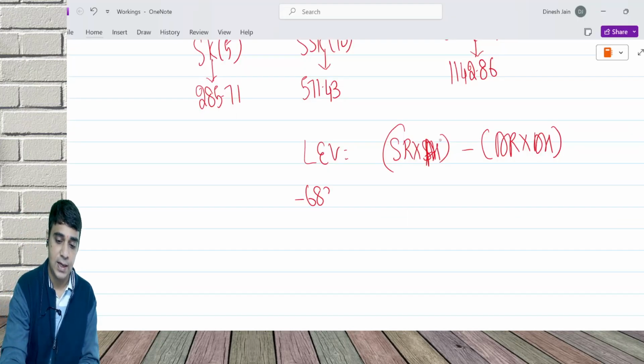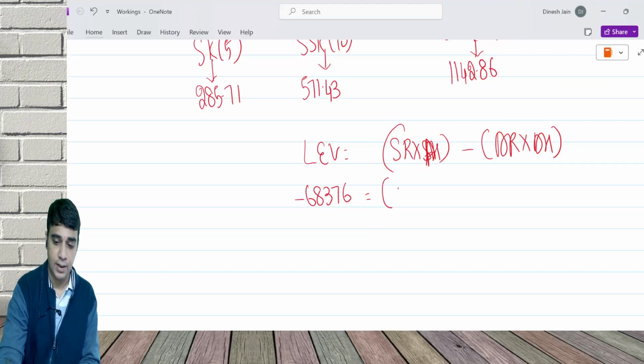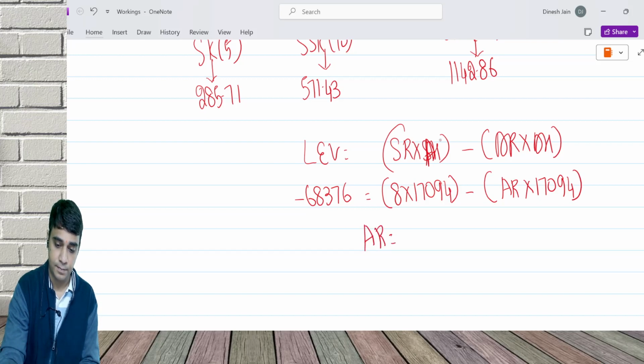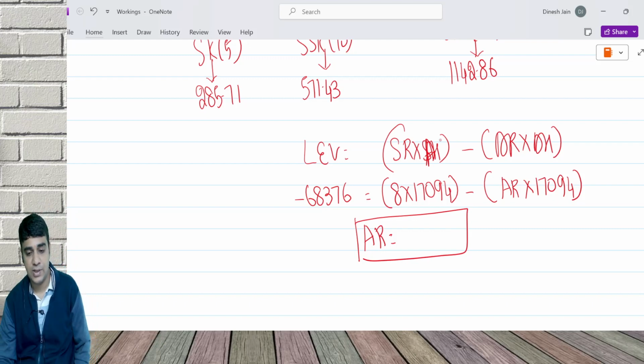Minus 68,376 is equal to 8 into 17,094 minus AR into 17,094. Quickly solve and tell me the AR.